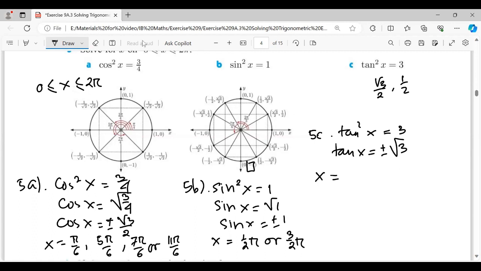Oh, sine over cos, sorry, opposite. It means half and square root 3/2. I'm going to find this: 1, 2, 3, 4.